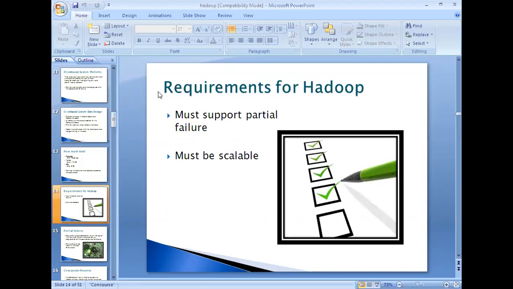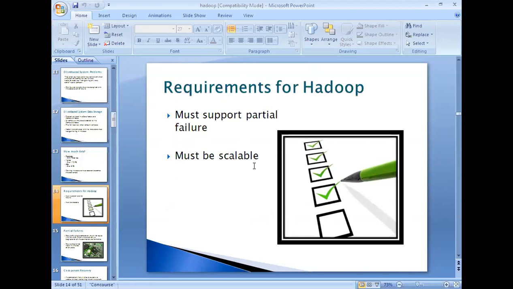Now let us talk about the requirements for Hadoop. It must support partial failure. It must also be scalable.